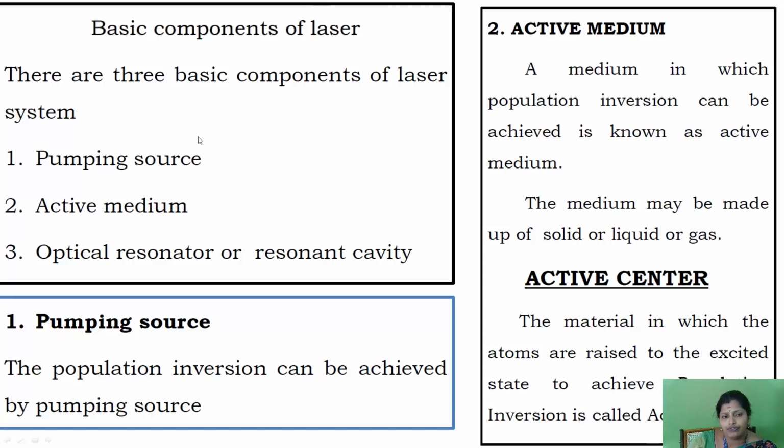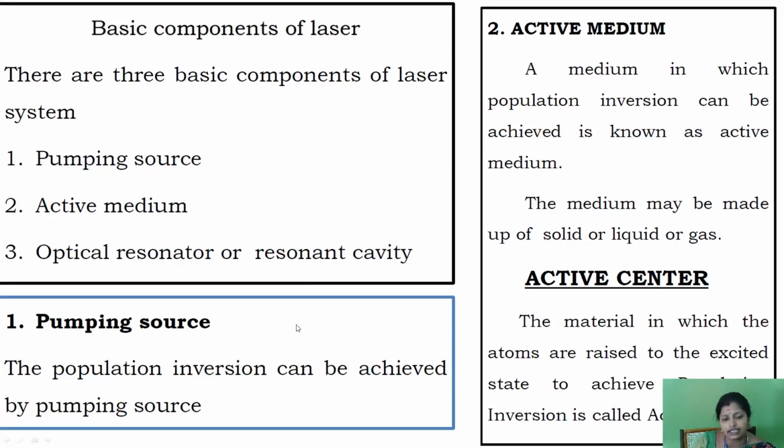In the basic components of a laser, the pumping source is what achieves population inversion. Population inversion means the number of atoms in the excited state is higher and in the ground state is very low. Comparing E1 and E2, the number of atoms in the excited state level N2 is greater than N1, the number of atoms in the ground state level.